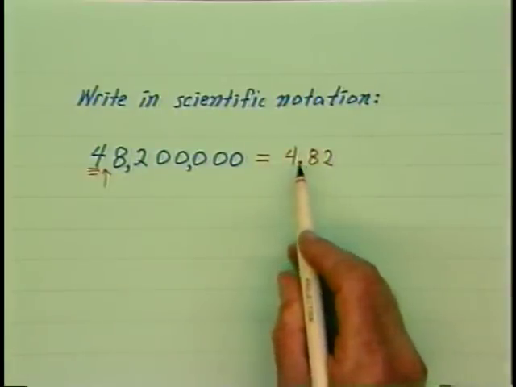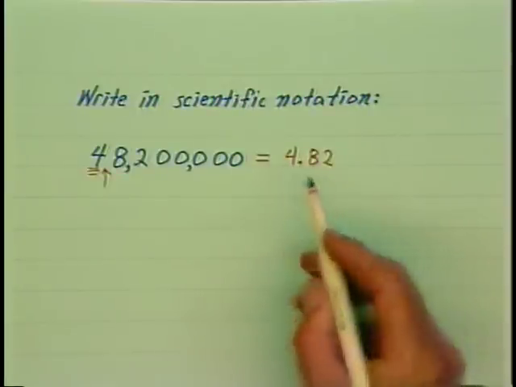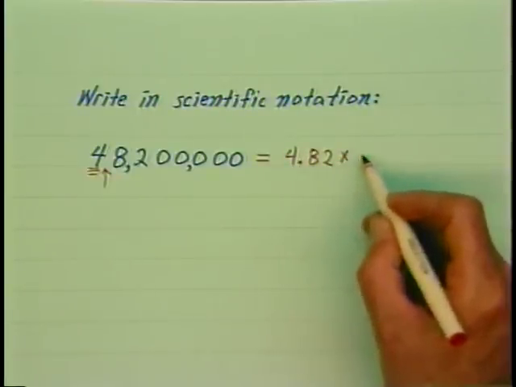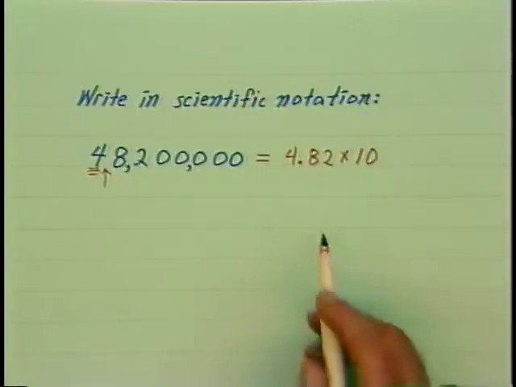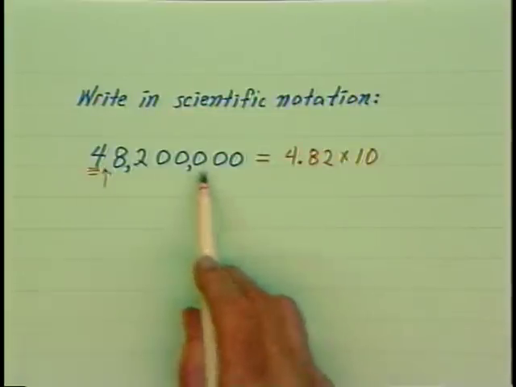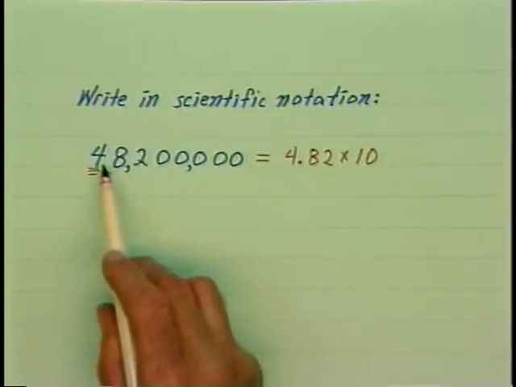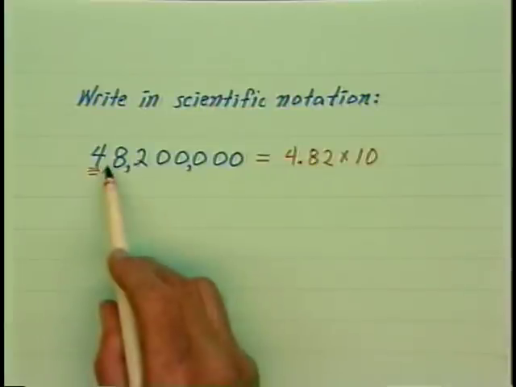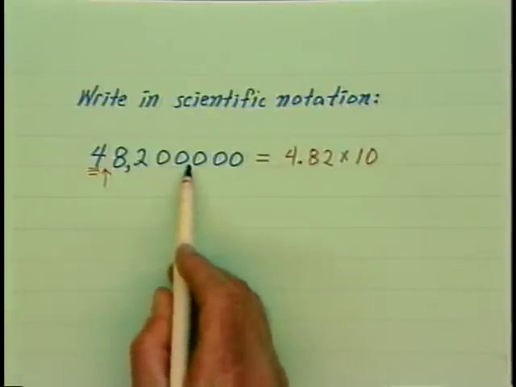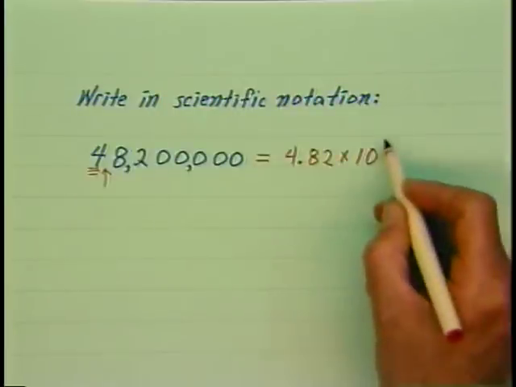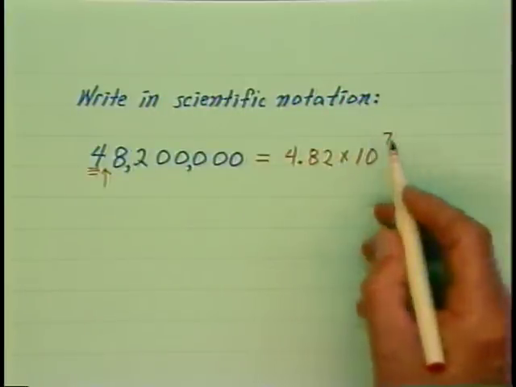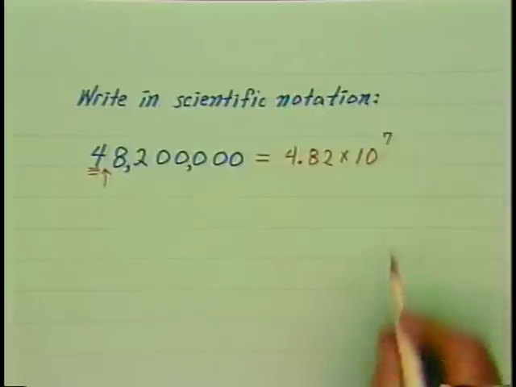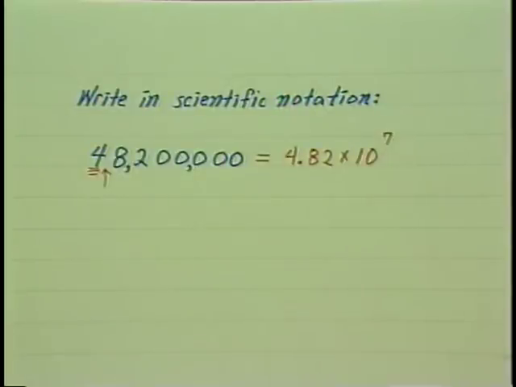So we put it behind that first non-zero digit. Then we adjust it by multiplying by a power of 10. So to get this back to where it originally was, we can see I'd have to make this 4.8 bigger by 1, 2, 3, 4, 5, 6, 7 places. And bigger means to make a positive exponent. That's fairly simple, isn't it?